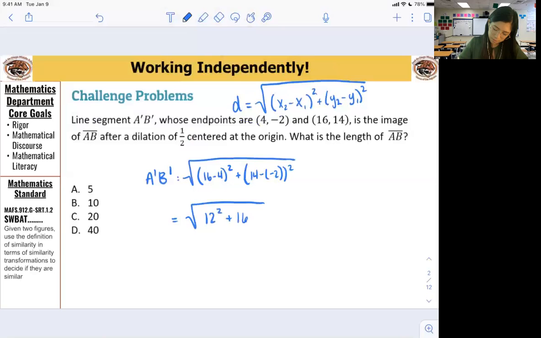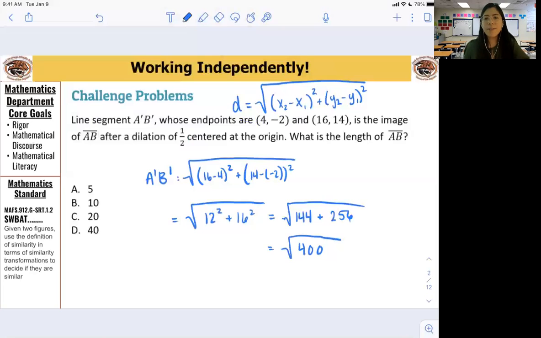What's 12 squared? What's 16 squared? 144. And 256. Good, you got it. Okay, add those together. What do we got? 400.